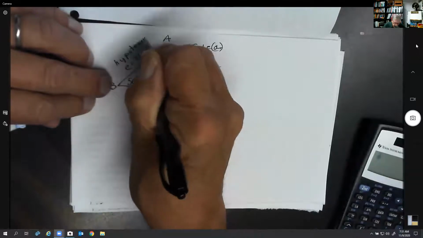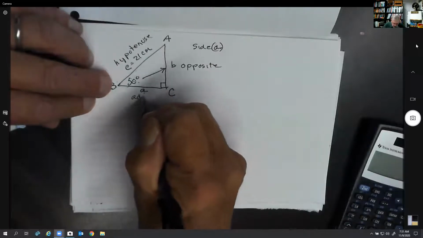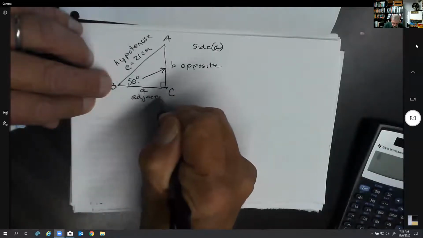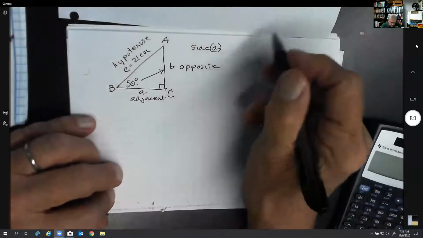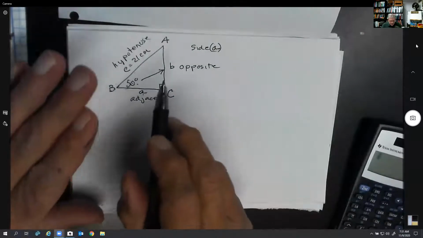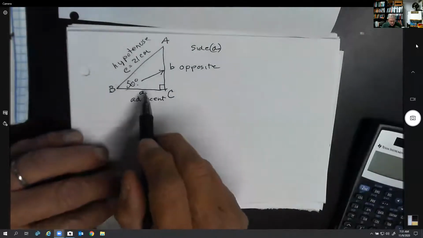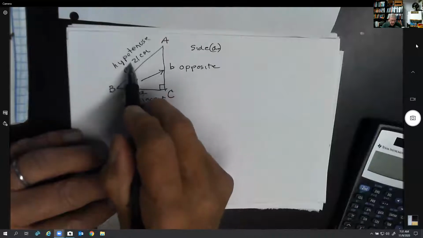Usually I find those two sides first, then this has to be the adjacent. So let's put down what we know. We know angle B, but as far as the sides are concerned, we're trying to find the adjacent, and we know the hypotenuse.